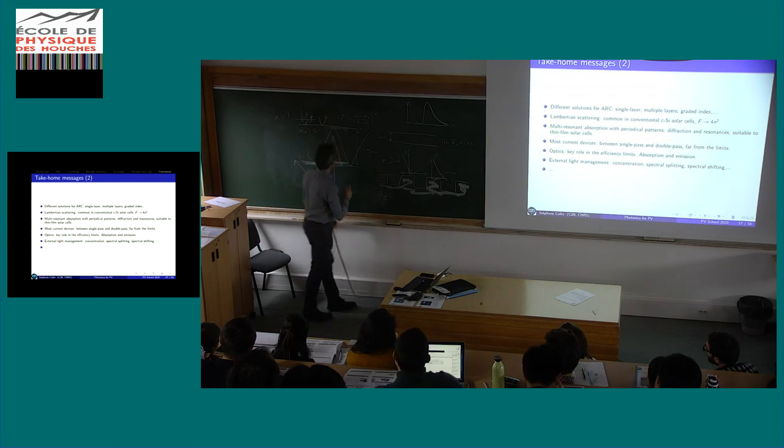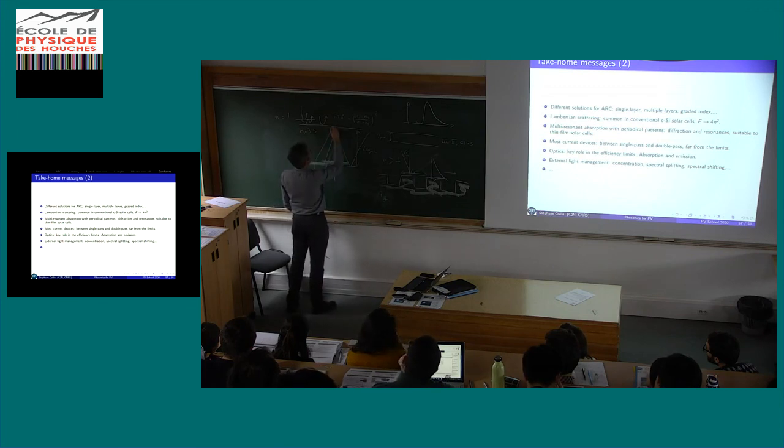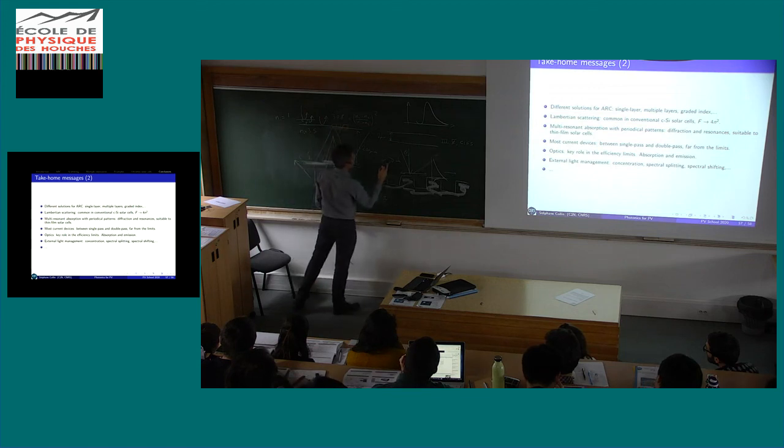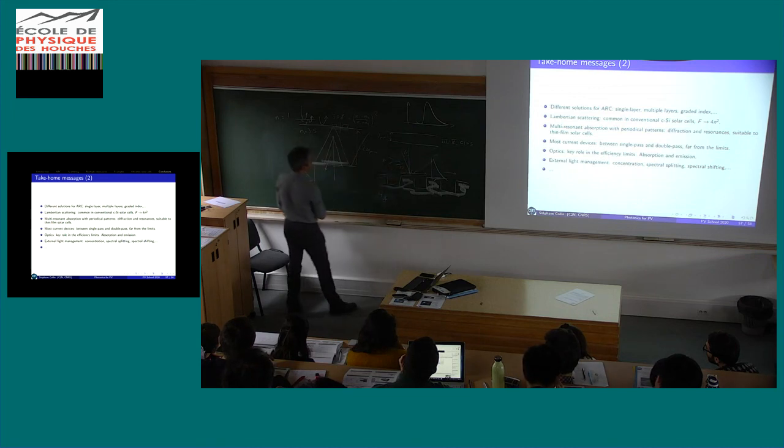So if you have a periodical structure here, you will induce diffraction, a period greater than the wavelength divided by n. I hope I make no mistake. And so you will have diffracted waves here, but you may also have diffracted waves in the air here.